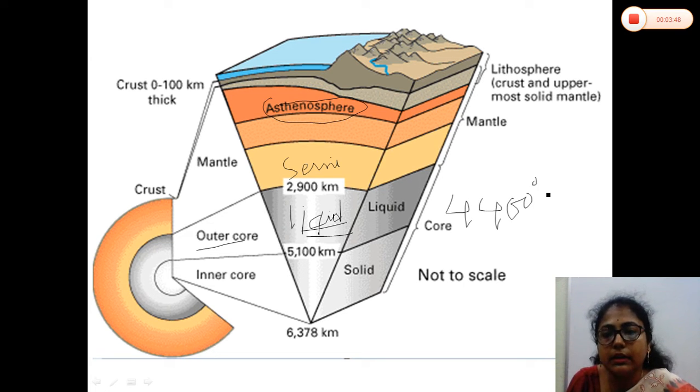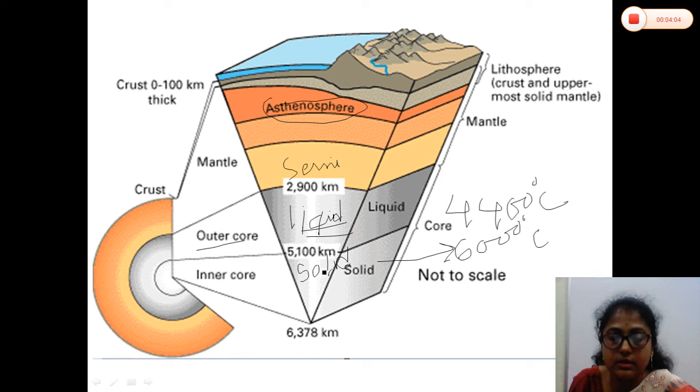But the inner core is solid. Why? The outer core is liquid because of high temperature, but the inner core is solid, although here the temperature ranges about 6,000 degrees centigrade. Still the matter is in the solid state.